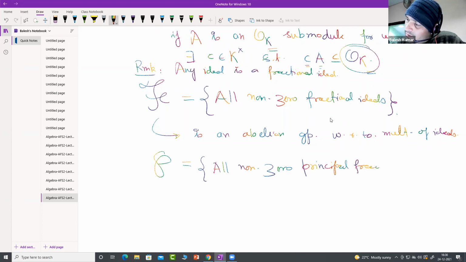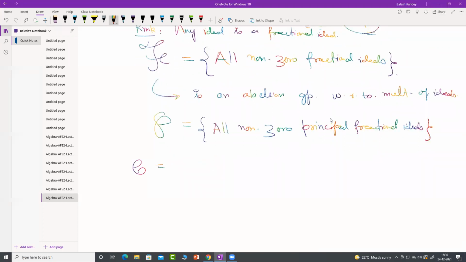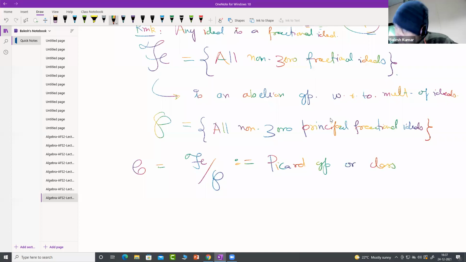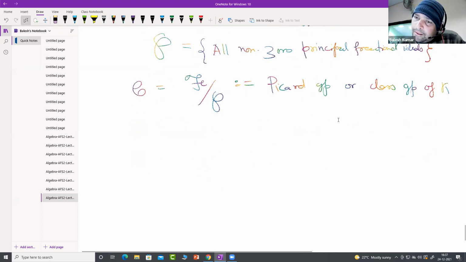If you look at the quotient, F by P, which will again be a group, this is known as the Picard group, or in number theory the class group, of the number field K. It turns out that for a number field this class group is a finite group, and its order is known as the class number of K.